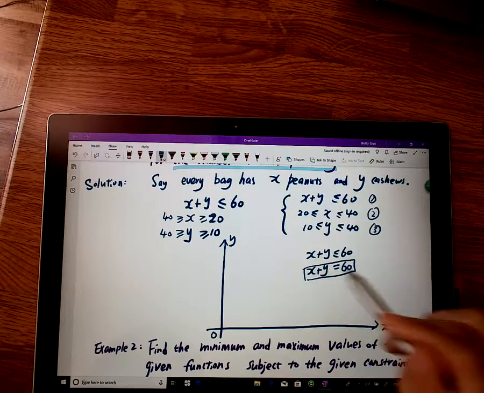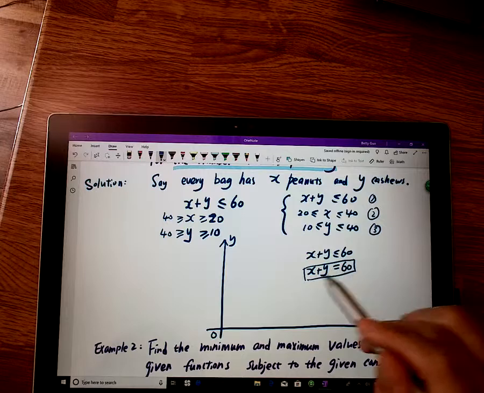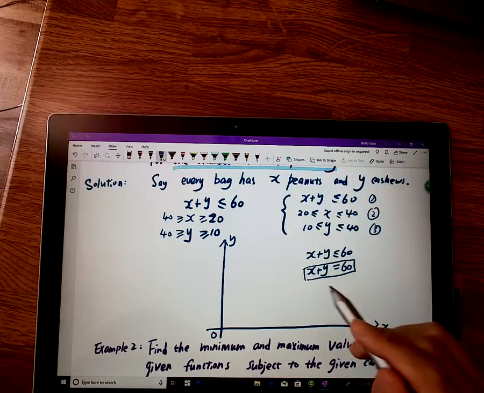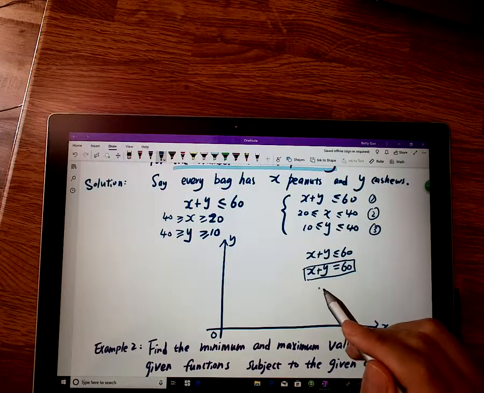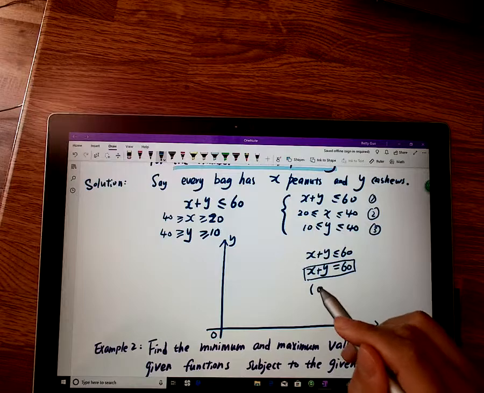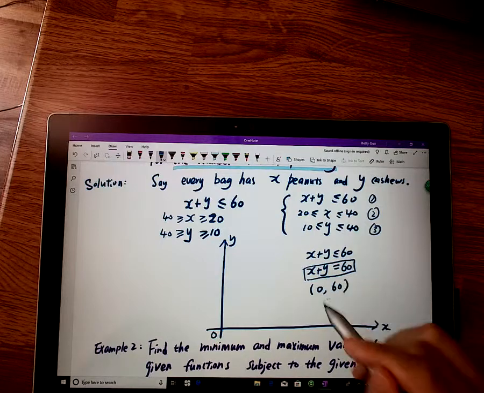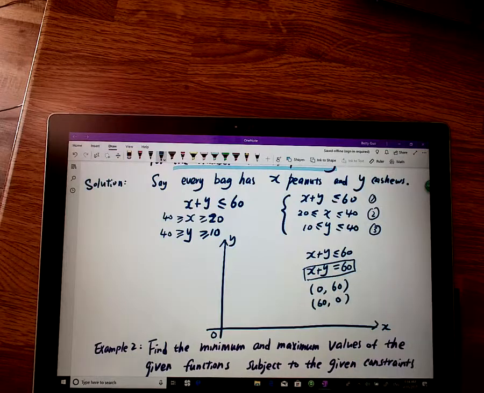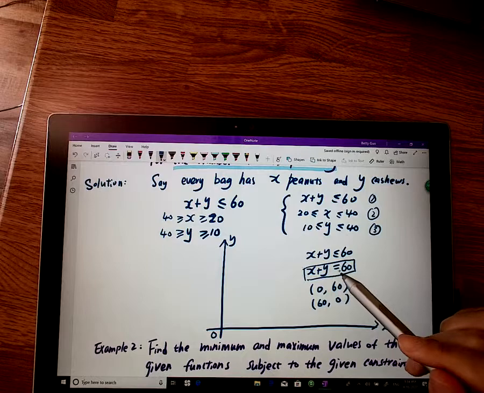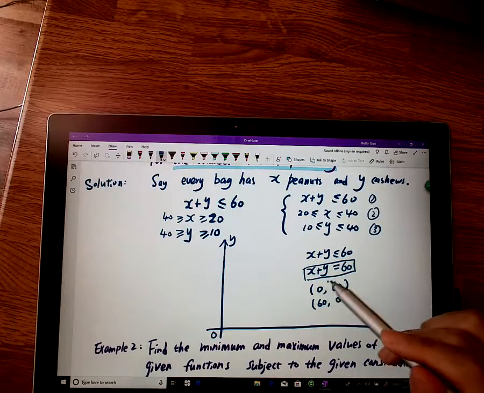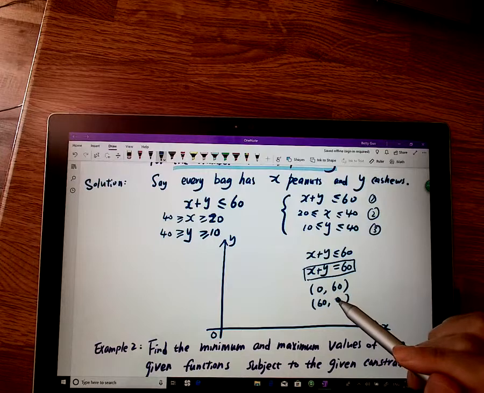We don't have to rewrite it, because it is so easy to find the x-intercept and the y-intercept to graph this straight line. As x equals 0, what is y? 60. As y equals 0, what is x? 60. You see how convenient it is. If the straight line is in standard form, in most cases we can easily find the x-intercept and the y-intercept.